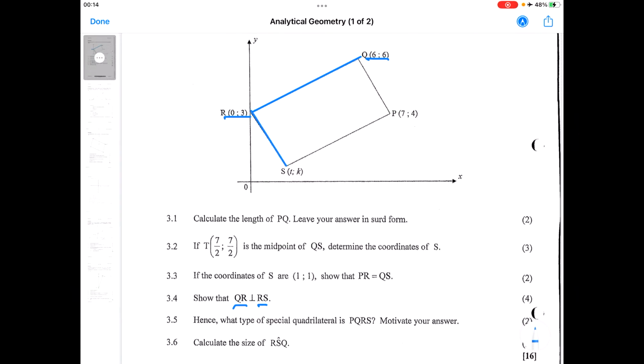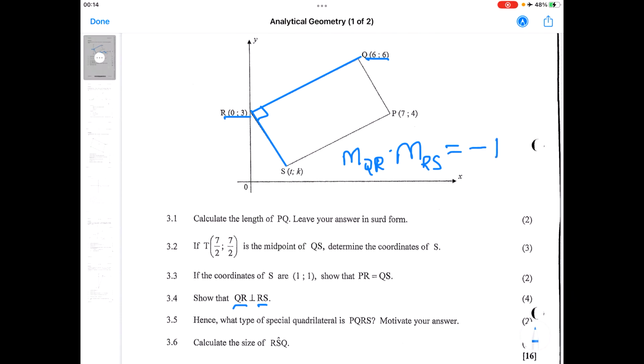There you go. So remember, when you have perpendicular lines, they form a 90 degree angle, which means when you multiply the gradient of QR by the gradient of RS, they need to give you -1.